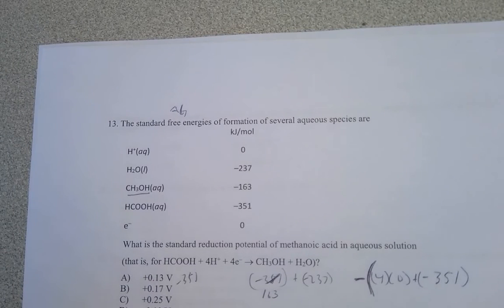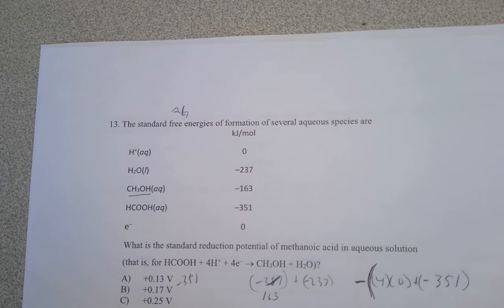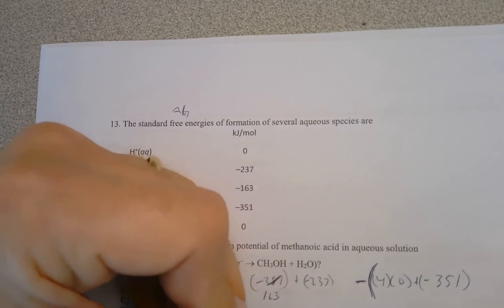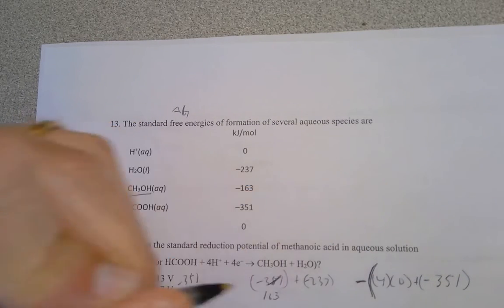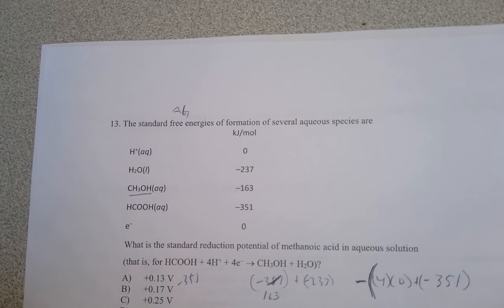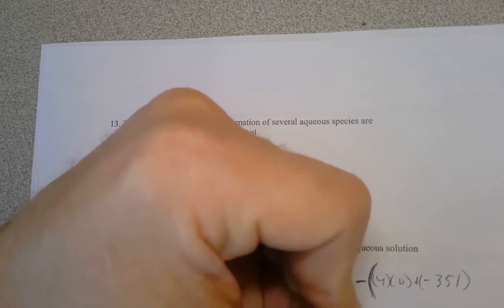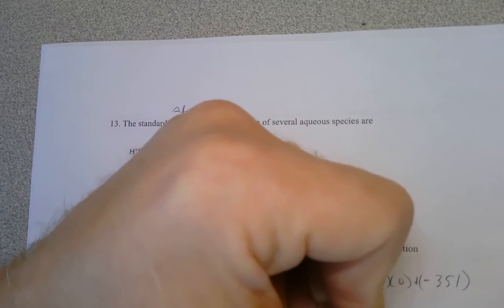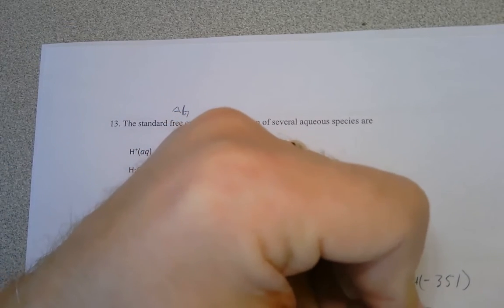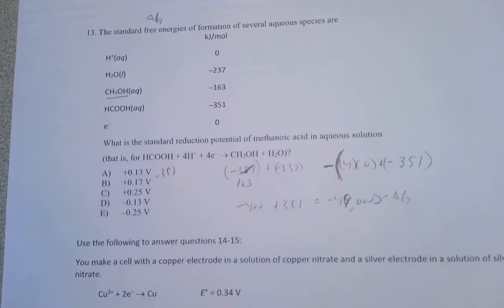So my delta G for this thing is going to be negative 163 minus 237. So that's a negative 400 for my products. Minus this, that's plus 351. So plus 351, so that's going to be 49. So it's a negative 49 kilojoules, right? So negative 49,000 joules is my delta G. Oh, you can't see where I'm writing there.